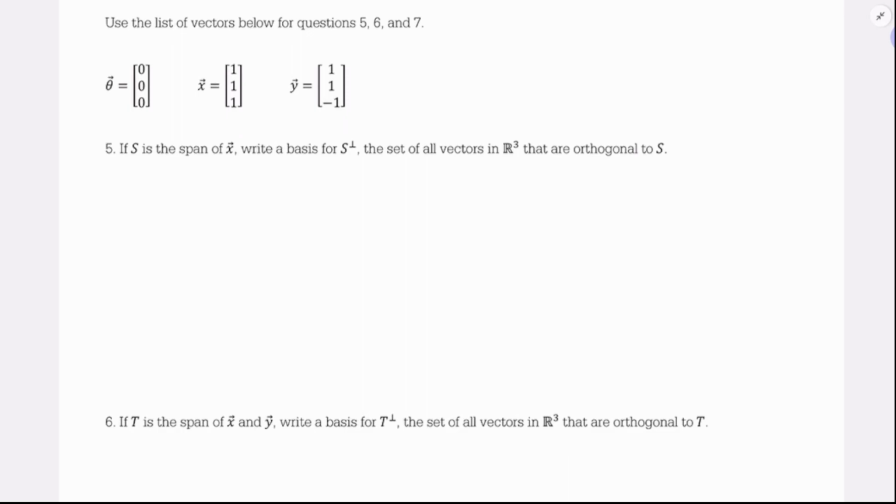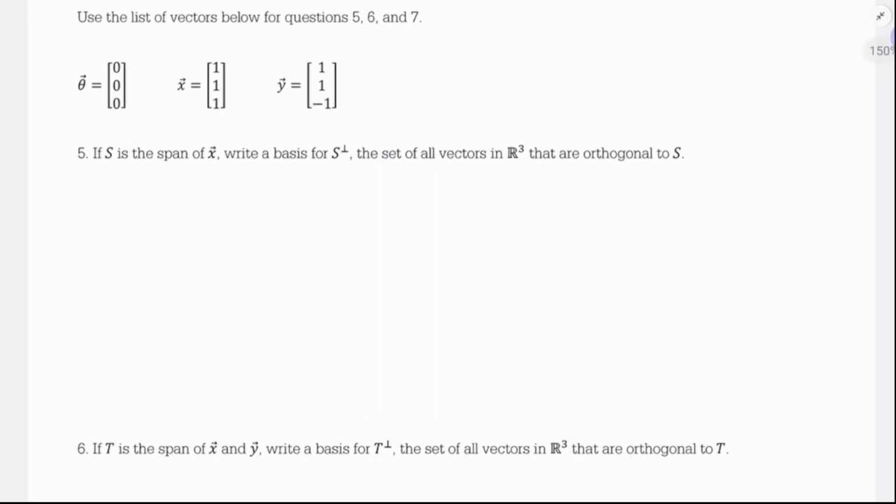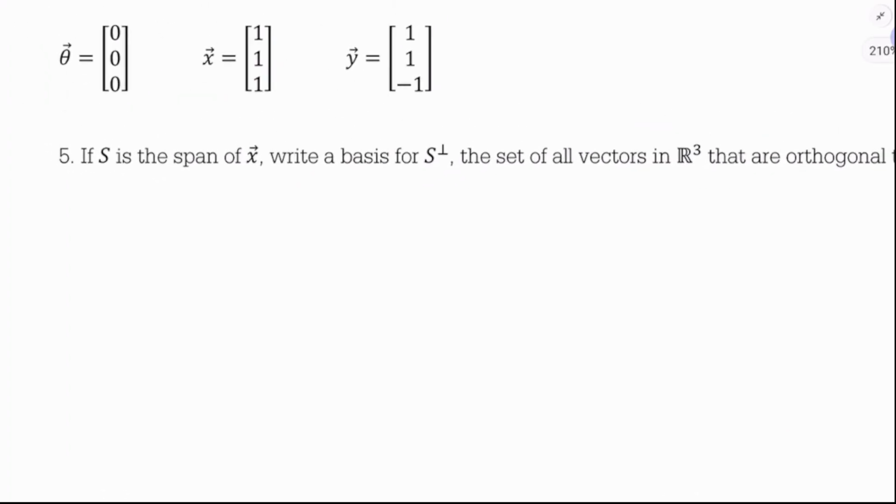Then we're going to use the list of vectors here for the next 3 questions. So if S is the span of just X, okay, so 1, 1, 1. Maybe I'll even draw you that. That's my drawing of the vector 1, 1, 1. So that's vector X. Okay, the span is going to be the rest of the line.